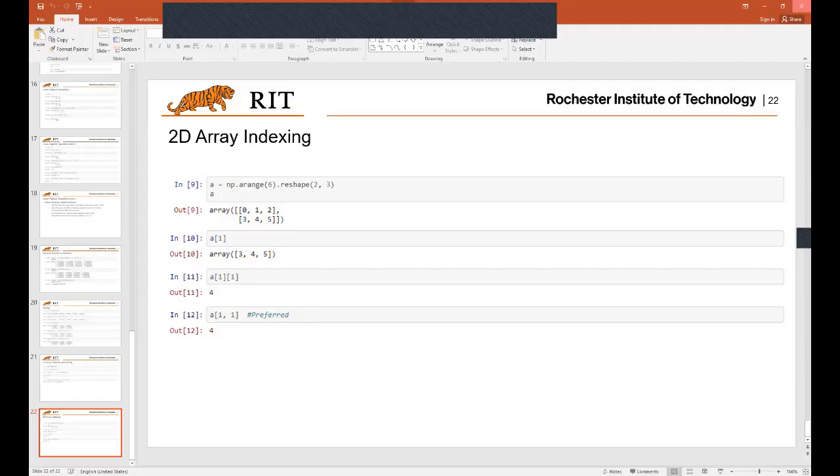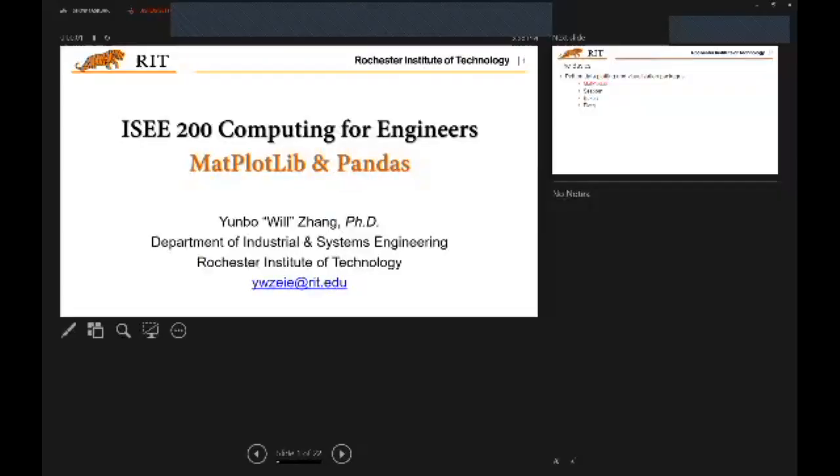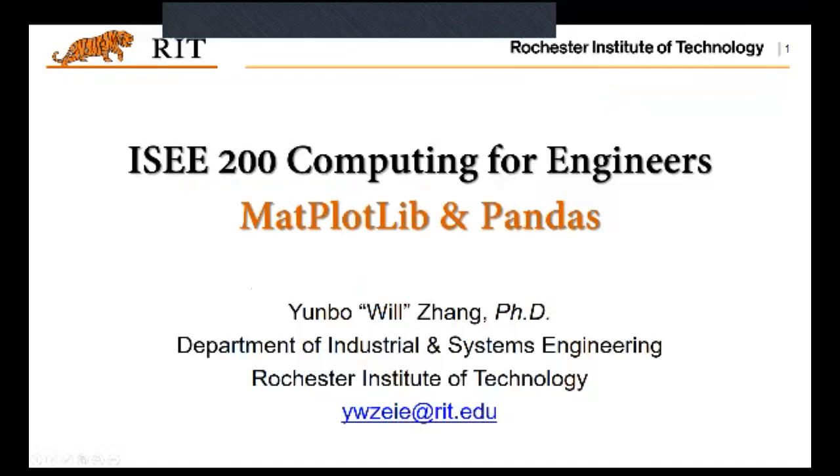So these 2 libraries are also very important. Basically, one is called matplotlib, another one called pandas. The first one, from the name, you can tell it has a plot. That's a drawing library.